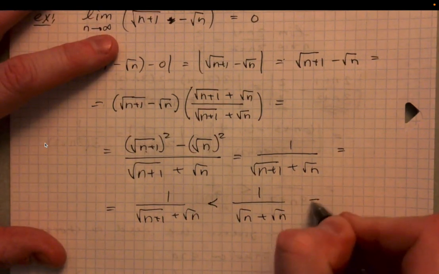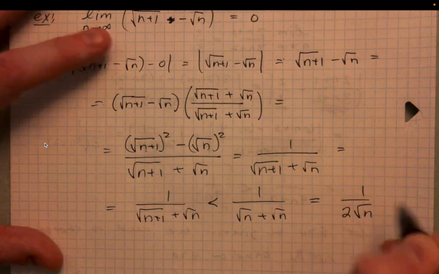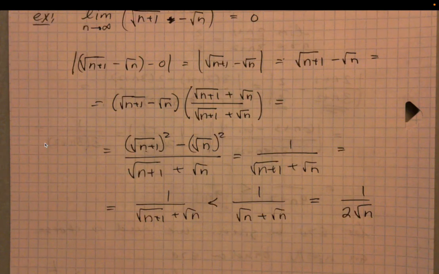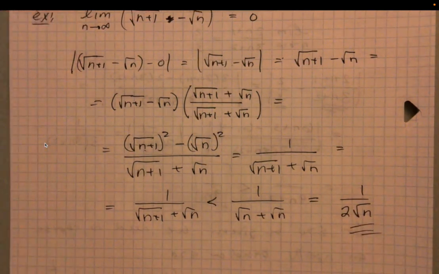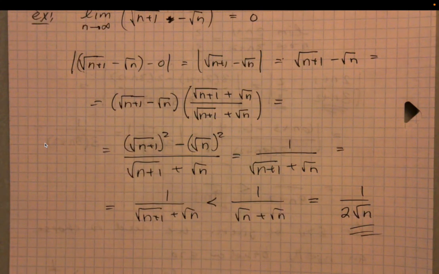And so that allows us to simplify this to 1 over 2 times the square root of n. Okay, so here's a nice simplified expression for this distance, and it depends on n, of course. However far out you are in the sequence, that distance will be reflected in this value.